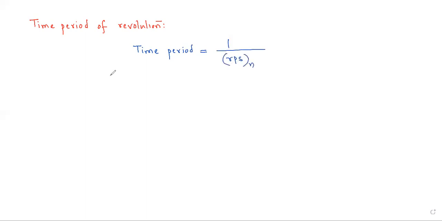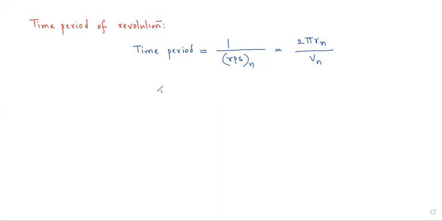Now, the time period of revolution. We know that time period is nothing but 1 by frequency. Let me take 1 by orbital frequency, or this can be written as 2 pi Rn by Vn.